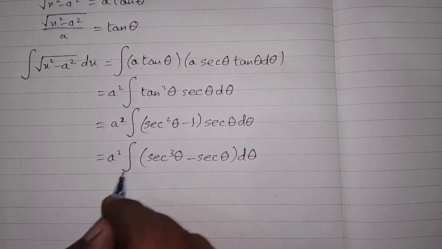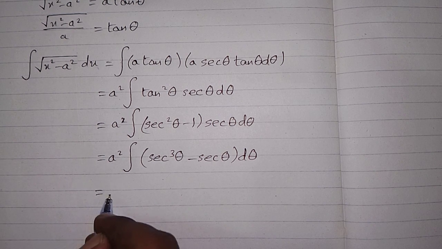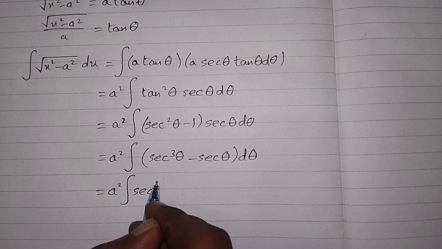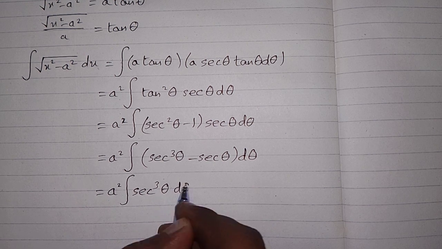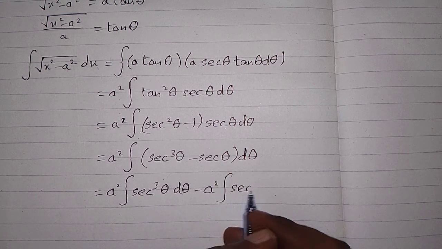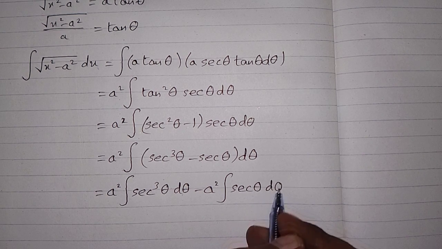Now we have two terms, so we can apply integral on both the terms. So we have a square integral of sec cube theta d theta minus a square integral of sec theta d theta.